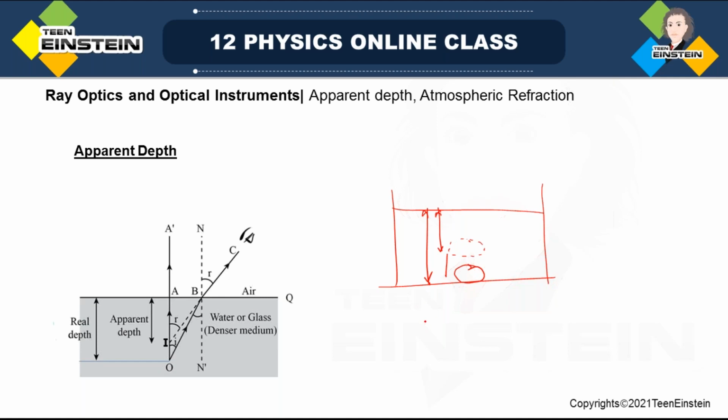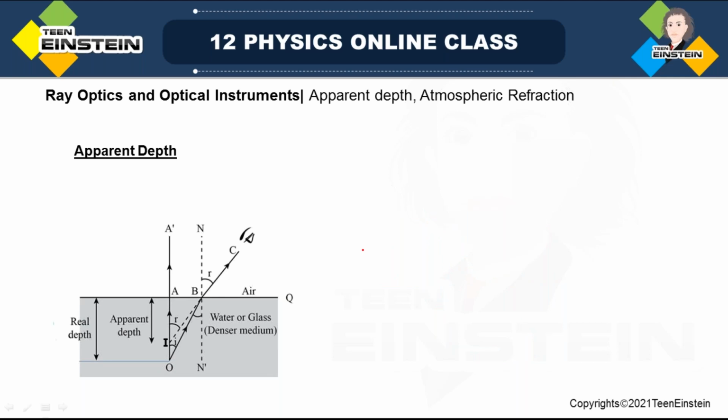So this is why sometimes tanks or ponds, or many sources of water, appear shallower because of this refraction.